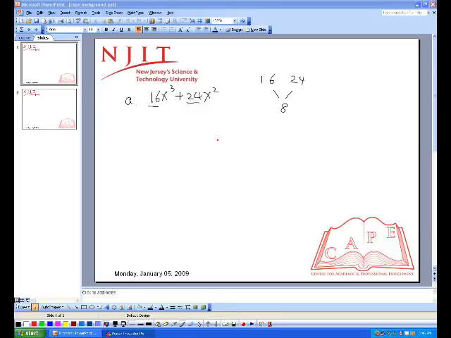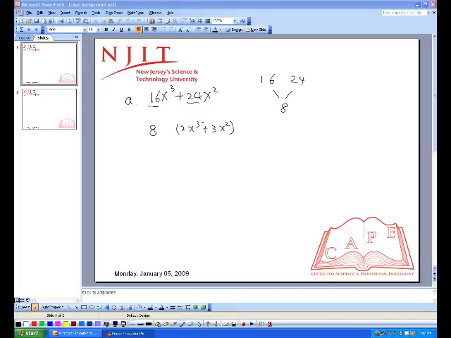So that means we can factor out 8 from both of these numbers. So let's do that first. We can factor out 8, so this becomes 8 times (2x cubed plus 3x squared). So that's the first thing we can factor out: the greatest common factor of the coefficients.